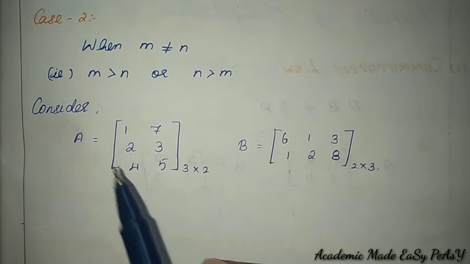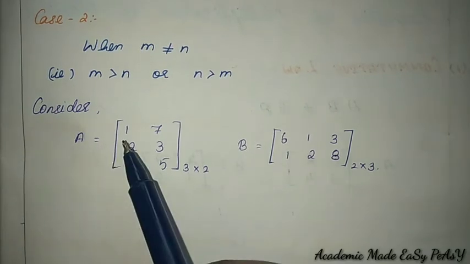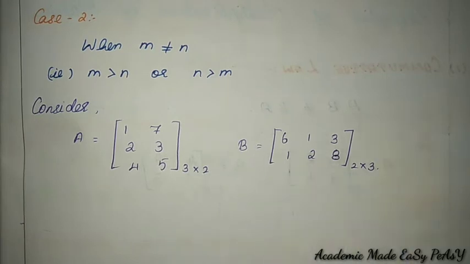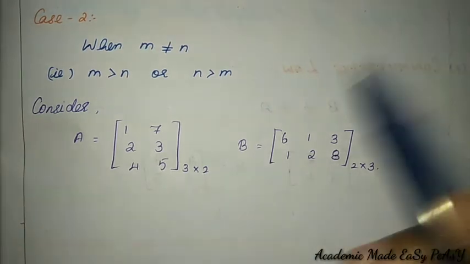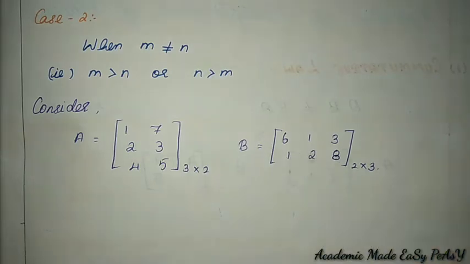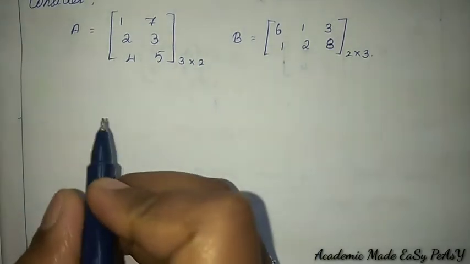So here I have given the example: A is equal to 1, 7, 2, 3, 4, 5, which is a 3 by 2 matrix, and B matrix is equal to 6, 1, 3, 1, 2, 8. This is of the order 2 by 3 matrix. So now let me teach you all how to multiply. We have to multiply these two.